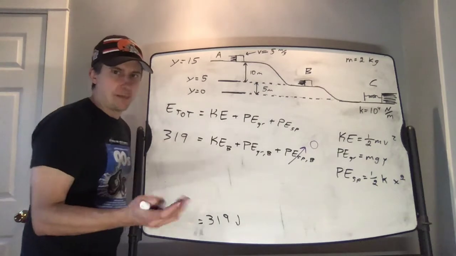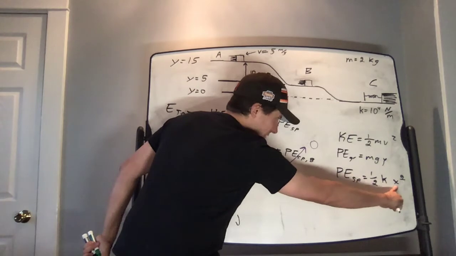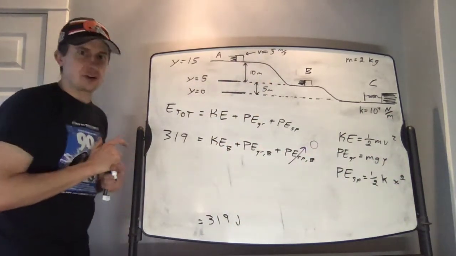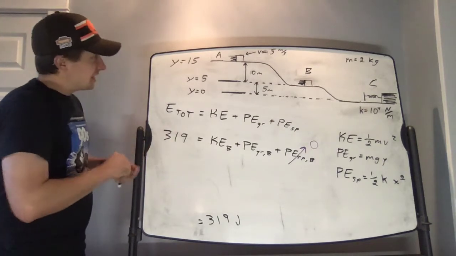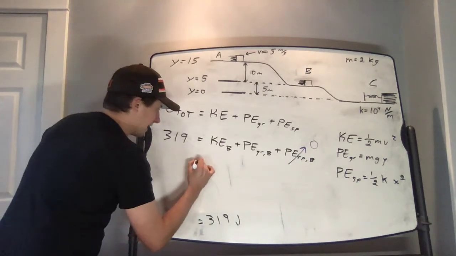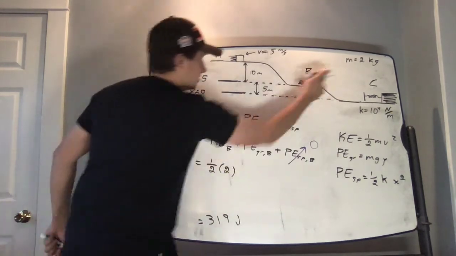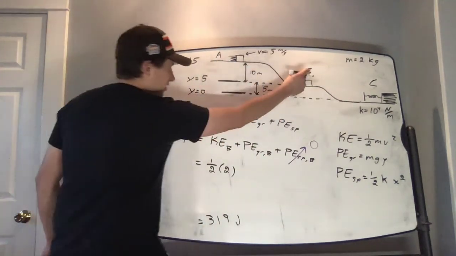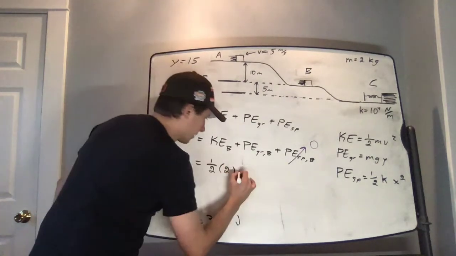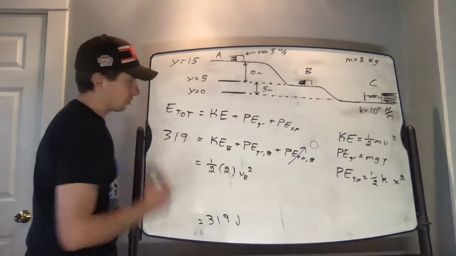Mathematically, that would be like saying the compression of the spring x is equal to 0, and if x is equal to 0, this entire term is going to be equal to 0. For the kinetic energy of the box at moment B, I could write that as 1/2 times the mass of the box, which is 2, times the speed of the box at this moment. We do not know the speed of the box at this moment, so I'm going to write it as VB and 1/2 mv squared.